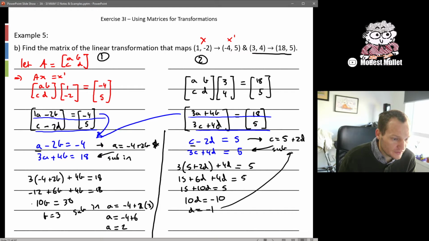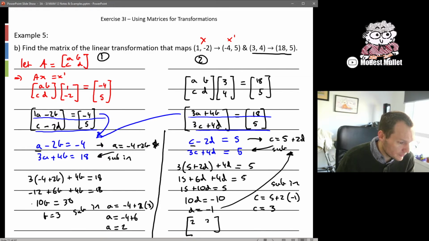I'm then going to sub that back into this to get c. I get c is equal to 5 plus 2 by -1. c is equal to 3. So finally, using my a, b, c, d values, I get a was 2, b was 3, c was 3, d was -1.